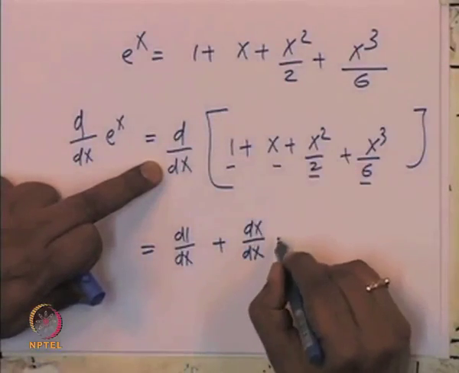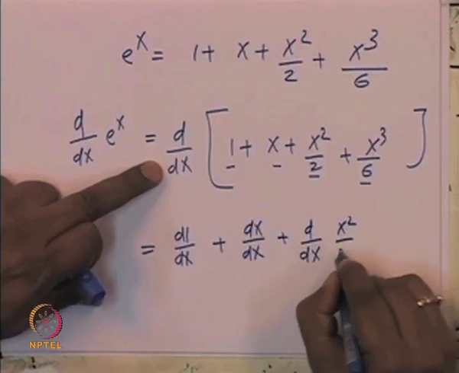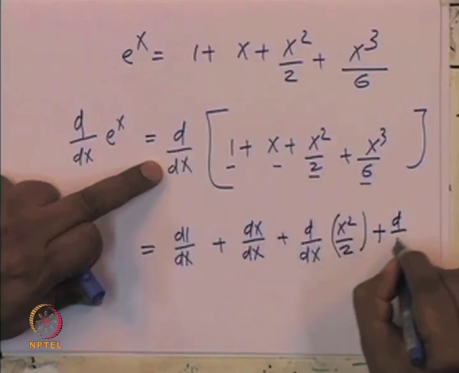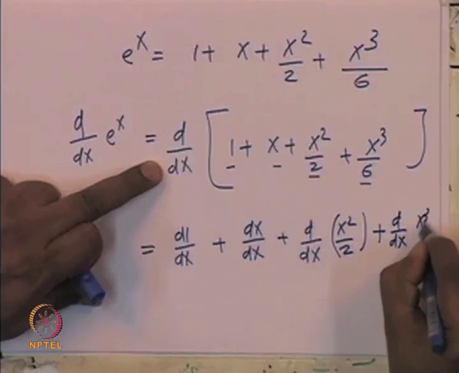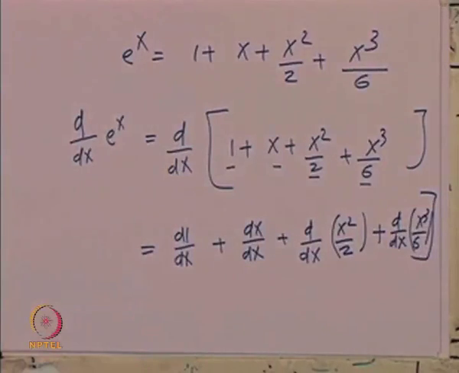Third one is d by dx of x square by 2, and this one is d by dx of x cube by 6. This is what it is.